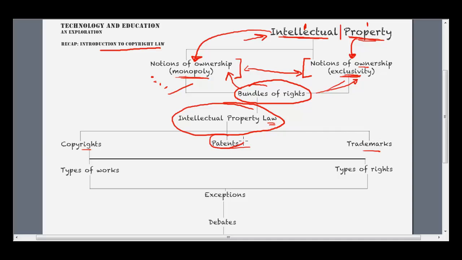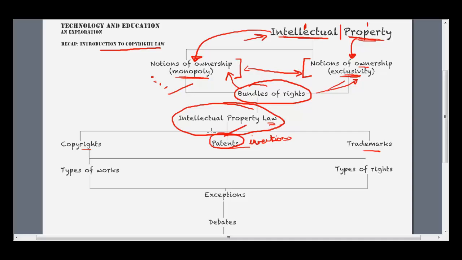Let's start with patents. Now, what are patents granted for? Patents are essentially granted for what we typically call inventions. All right, if I create a new thing, if I invent some sort of new machine, then I will be given a patent over it, which means that I alone will have the right to make more machines like that, to sell them, distribute them, and so on, and to give these rights away to other people on such terms as I see fit, provided that after the term of the patent is over, anybody has the right to then start making more machines like that.